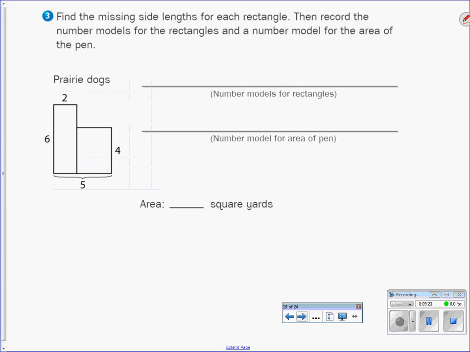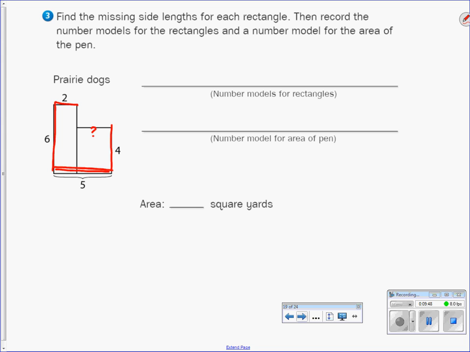All right, find the missing lengths on this one. Okay, if we look at this, we have the bottom, we have this side, and we have here. What we're missing is what this one is here. So if I look at this, I know going the whole way across it's 5.